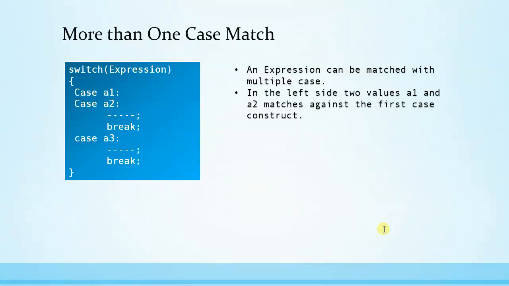So we are not limited to only 2 when we are combining labels like A1 and A2. You can place n number of matches and provide the same body to all of those. We will see this with an example in Java.